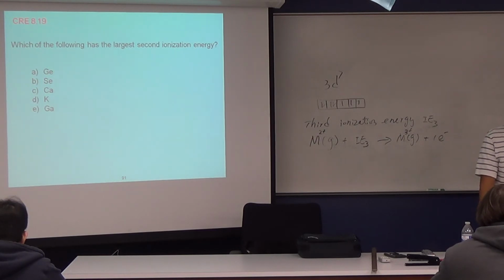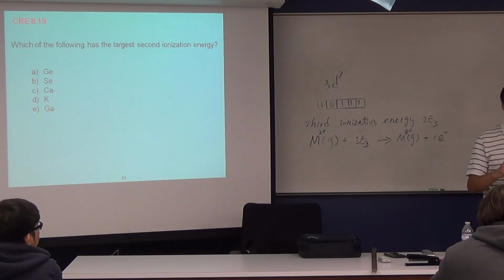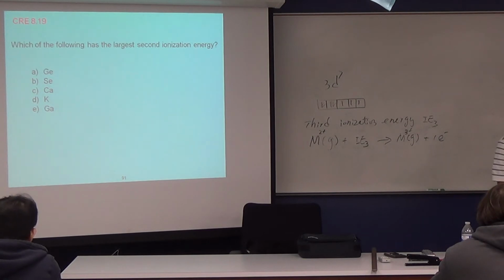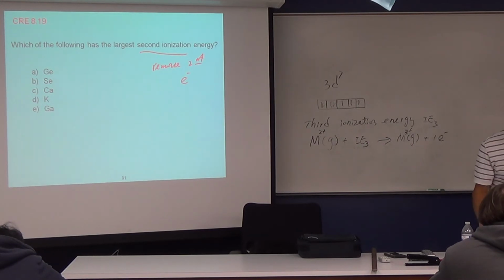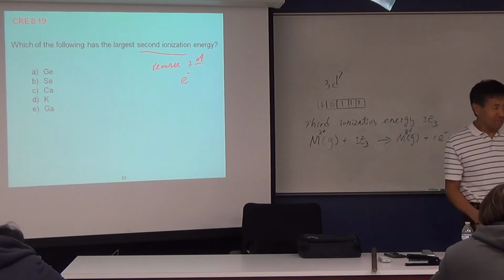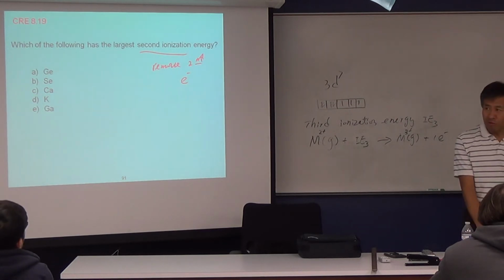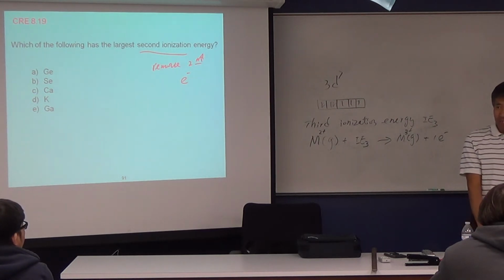Potassium K is the one that has only one valence electron. So if you think about the second IE, which means you are removing the second electron, the difficult one is the one where you are removing the core electron.